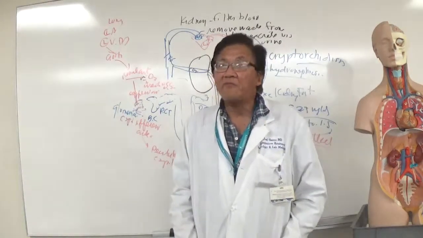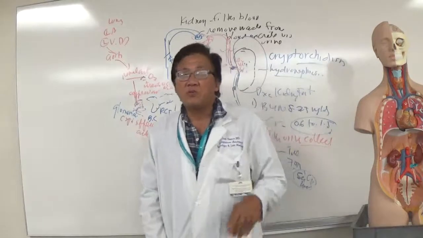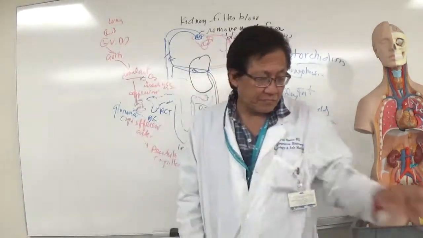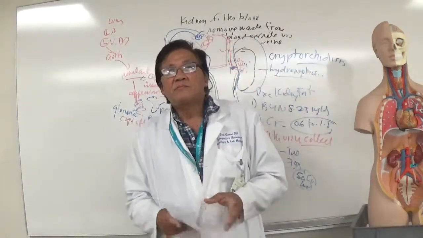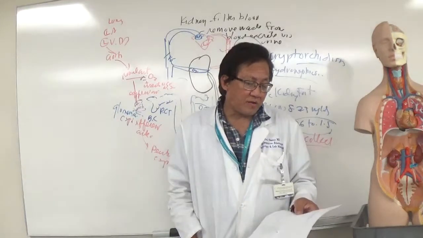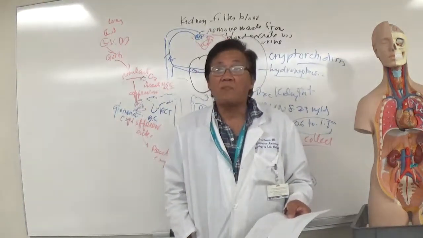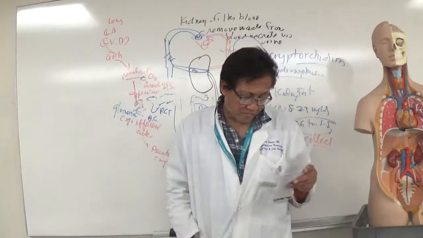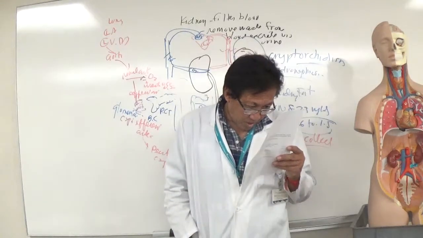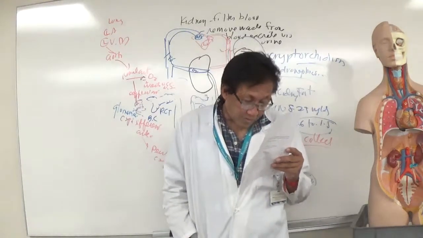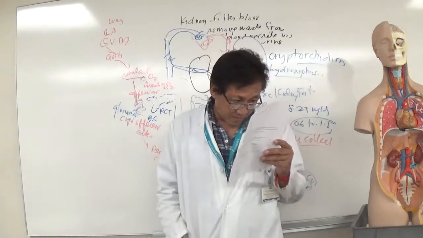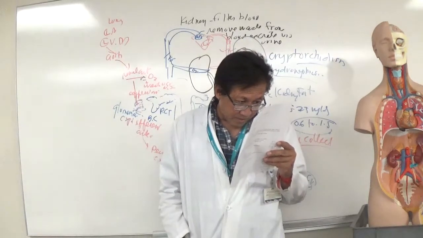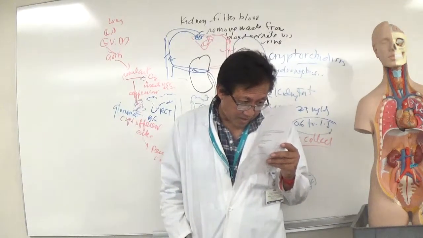We also talked about leiomyoma, which is the most common form of tumor of the uterus. And then you have your cervical cancer and ovarian cancer.